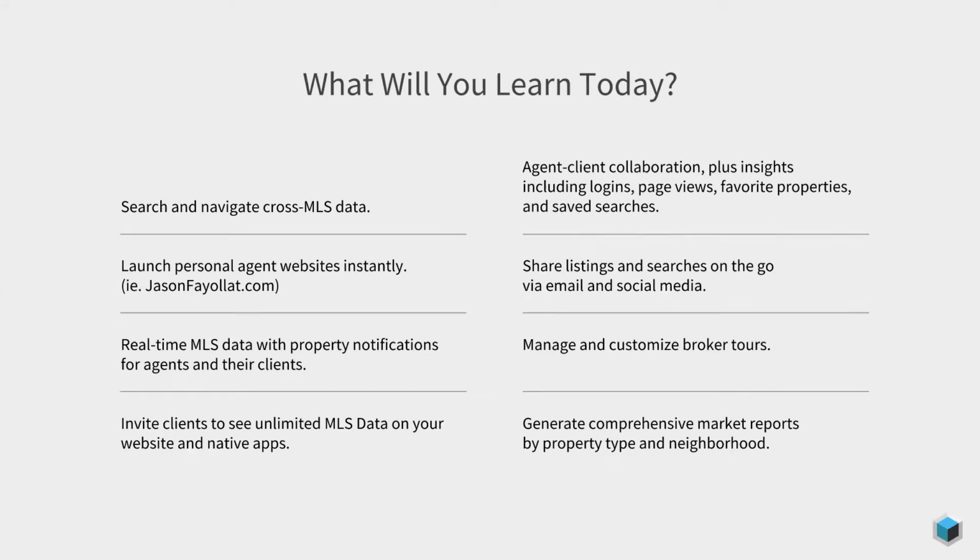Here's what we're going to go over today: how you can search and navigate across multiple MLSs, how your individual agent website will be launched, what real-time MLS data actually means for you and your clients and how it can give you a step up against the competition, how to invite your clients to the website, and then how all the collaboration works, what your website tracks so you can see what your clients are doing, and how you can share listings. Then we'll get into the broker tour functionality, and finally we'll wrap up with market reports.